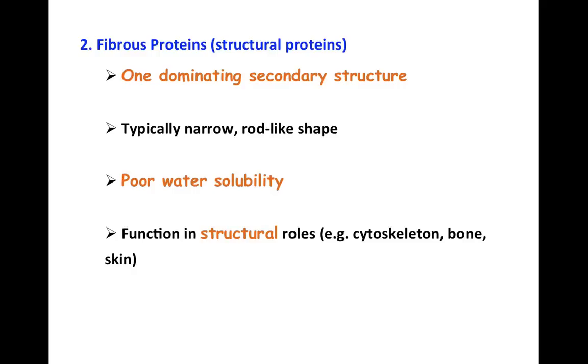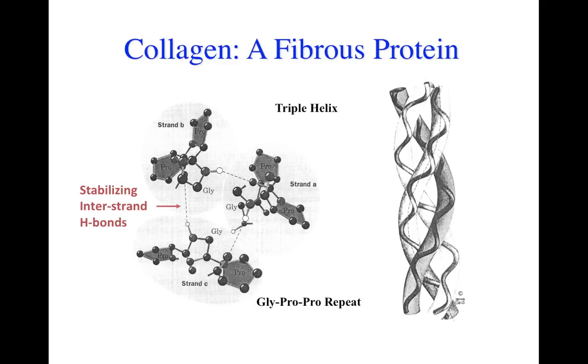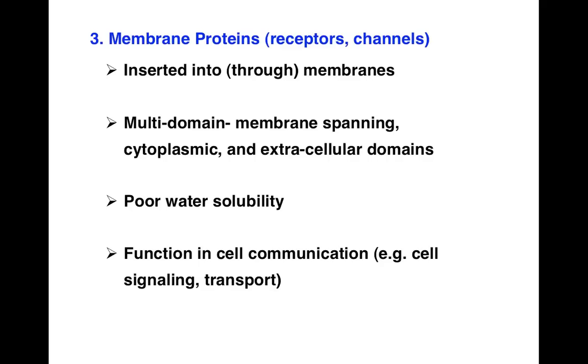They tend to have poor water solubility, and that makes sense, because we're looking at structural proteins such as in the cytoskeleton, bone, and skin. And if that was water soluble, you would basically just dissolve away. So they are insoluble. Now, we're going to look a little bit more at this later on, but collagen has been studied a lot, and it's an example of a fibrous protein.